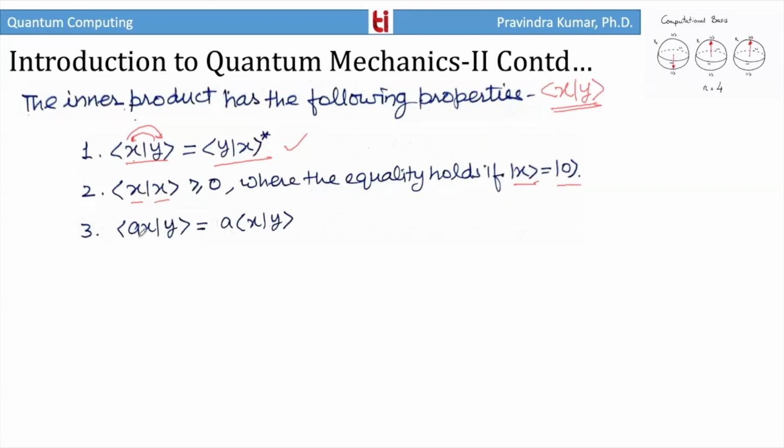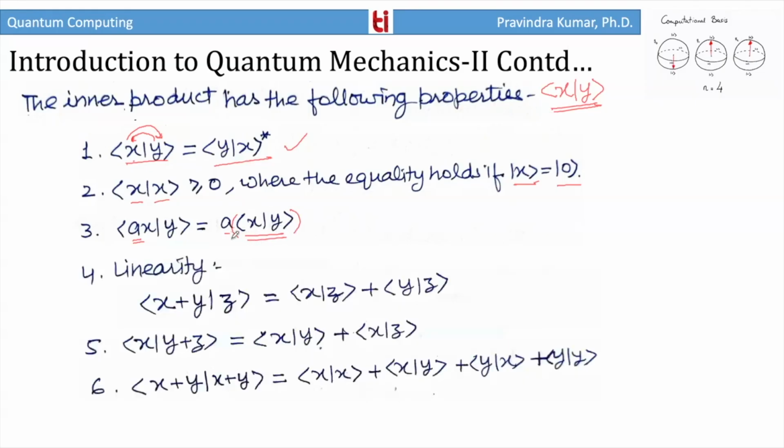The inner product of ax and y, where a is a scalar quantity, will be equal to the product of the scalar quantity and the inner product of x and y. Linearity also holds here. The inner product of x plus y and z is distributed: the inner product of xz plus the inner product of yz.